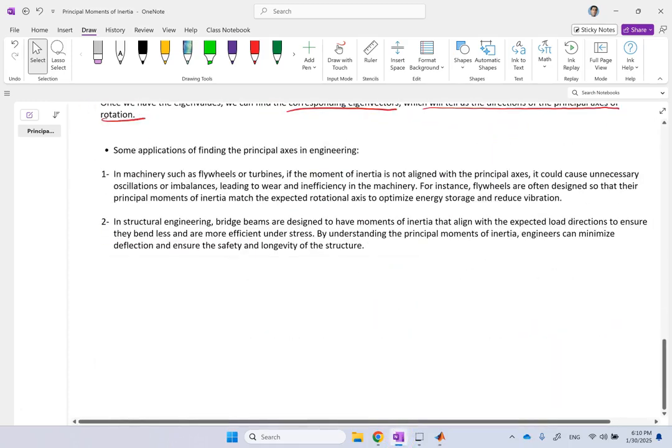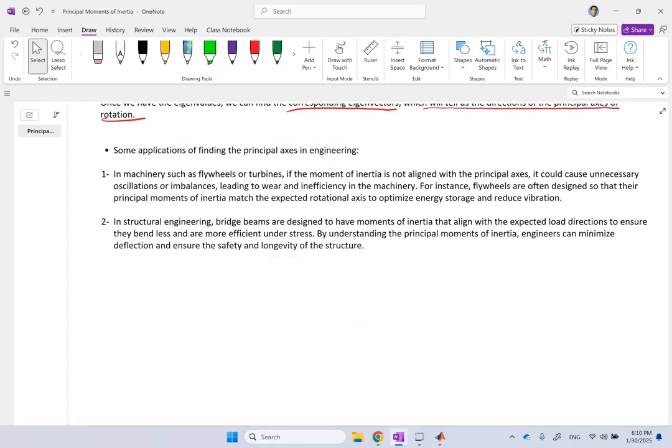Now, if I ask the final question, where would you use these principal moments? You find them, fine. Where would you use them in real life? Well, there are lots of places in real life. Use them in machineries like flywheels and turbines. One of the things that you want to do is to make sure that the moment of inertia is aligned with the principal axis.